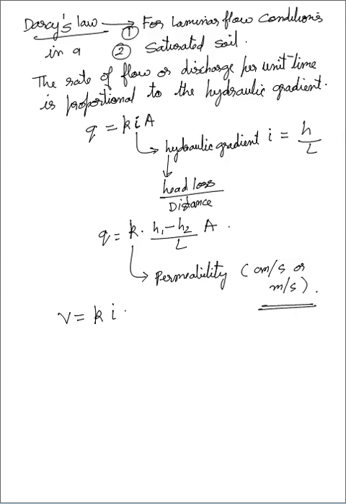Whenever the hydraulic gradient I becomes 1, velocity will be equal to permeability. So we can say that permeability has the unit of velocity, that is centimeter per second or meter per second, anything.